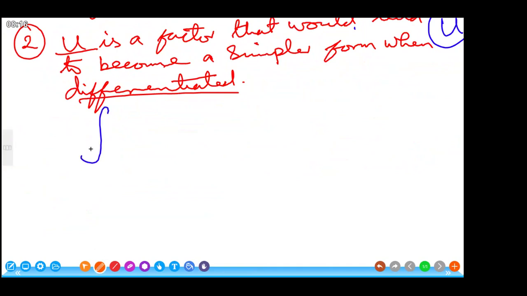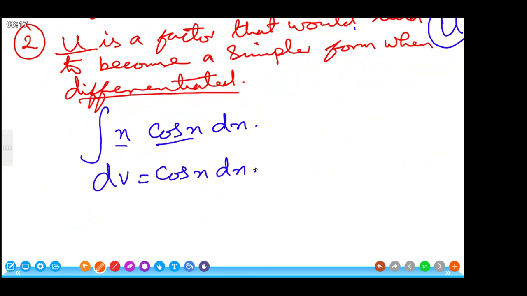Let's take a function x cos x dx. So here x is one component multiplicative with cos x. Now here we have to find out dv first. Let's say my dv is equal to cos x dx, because dv has to go along with the dx, because it is a derivative. So for the integration, dx has to be there.